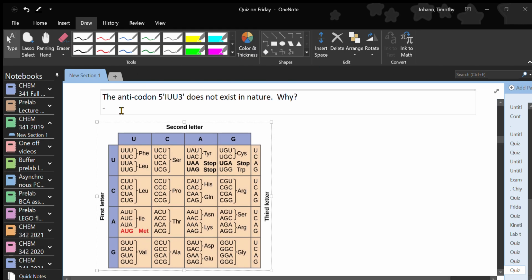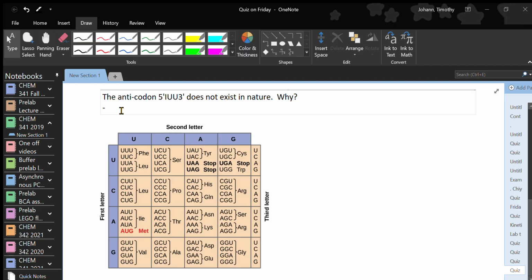All right, so it can't be, and that's because that anticodon would match both the asparagine and lysine codons. Let's see, the anticodon. So both, it's asparagine, right? And K codons.